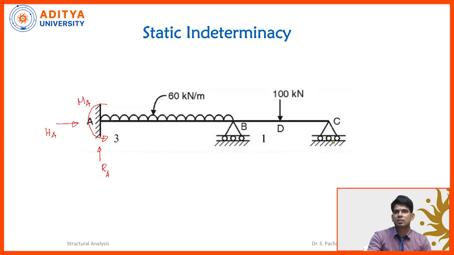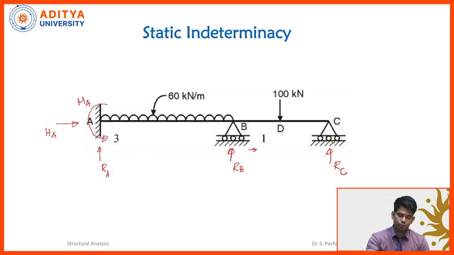You can observe that supports B and C are roller supports. That means they are not going to transfer any forces horizontally, because horizontally they are free to move, so only vertical reactions will be there. We can say this is RB, and this is RC. Now we have marked all the unknown forces.